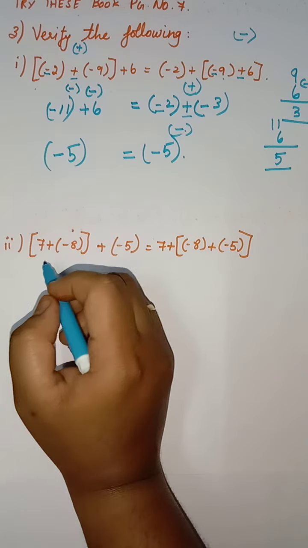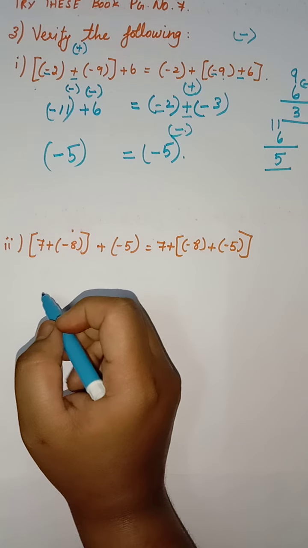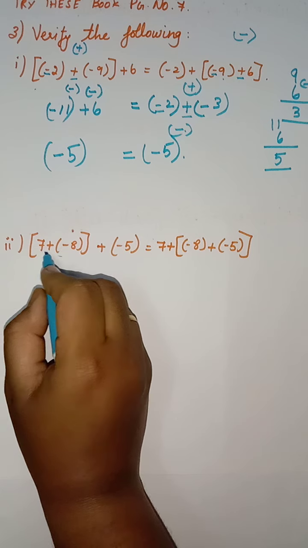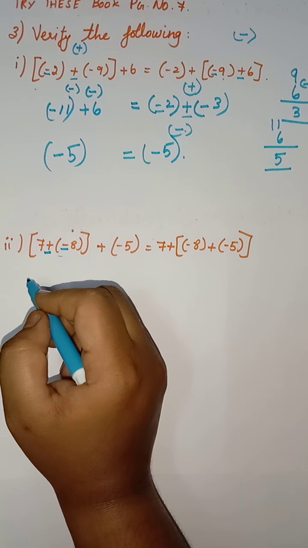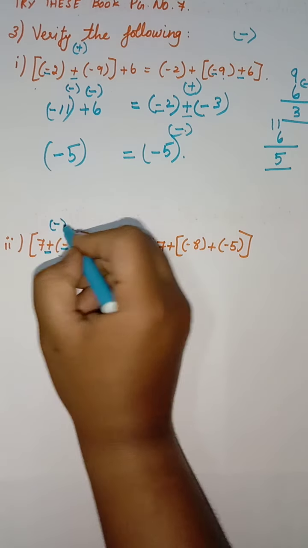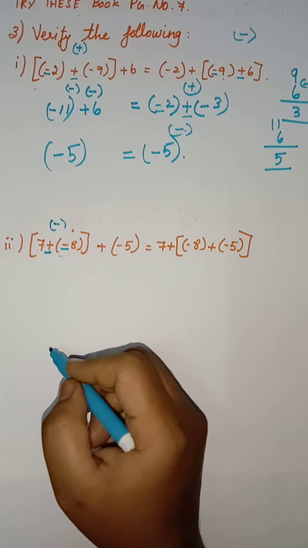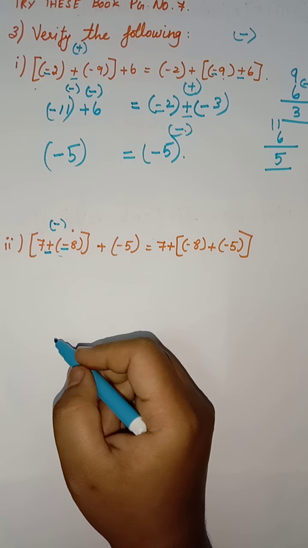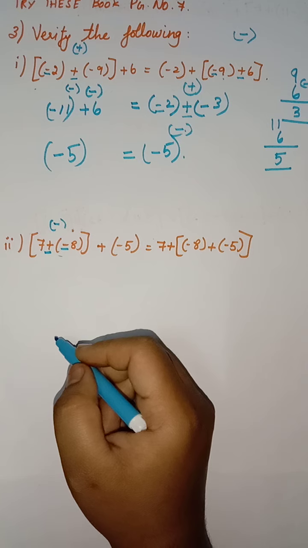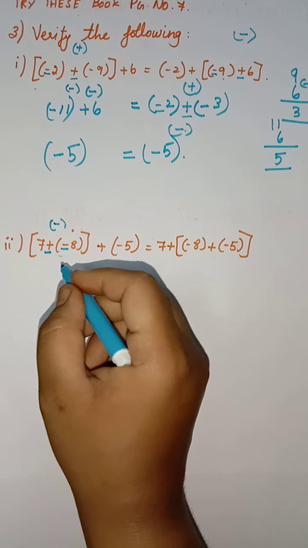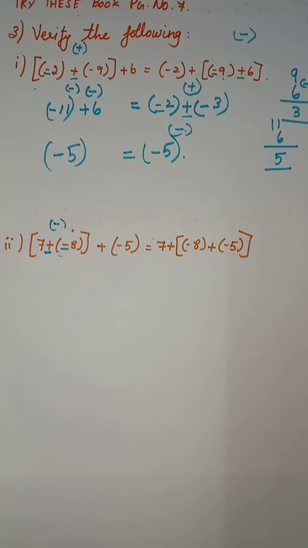For that we have to see the operation here. There are two operations, plus and minus. When the operations are different we have to subtract the numbers. Then the next step is we have to see the greatest number's symbol. Comparing 7 and 8, which one is greatest? 8 is the greatest number.